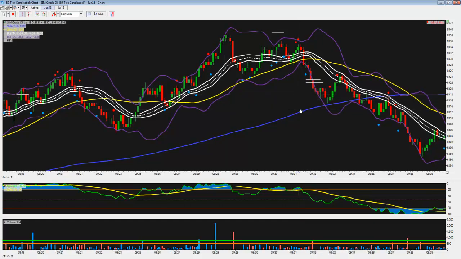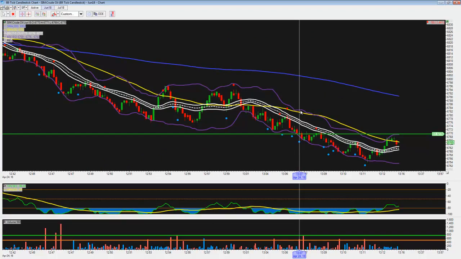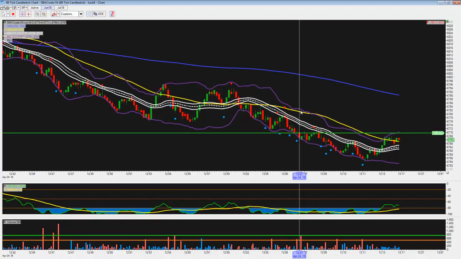I'm confident that there's some things that I've seen that make me feel a little bit more confident in taking that long signal on in the near future, to find a spot that I need the market to get to.